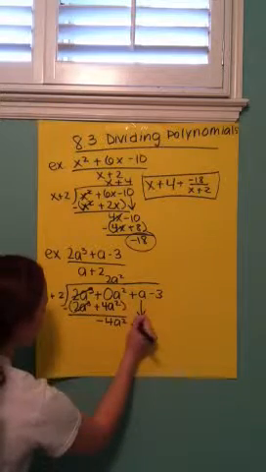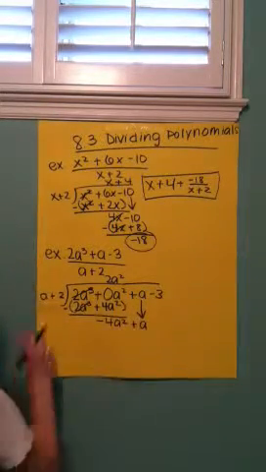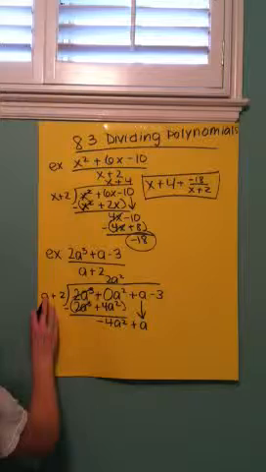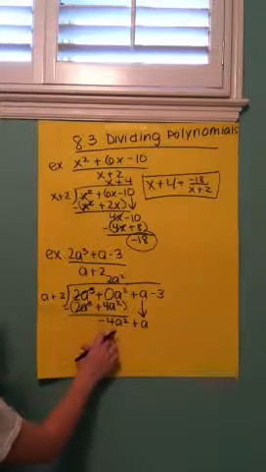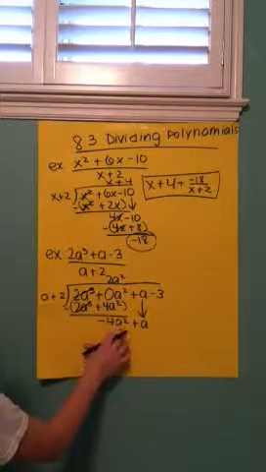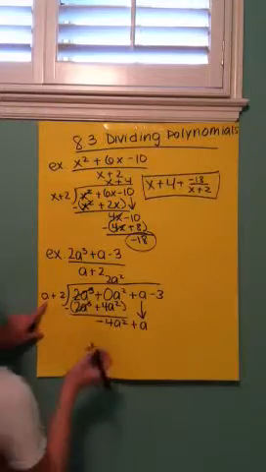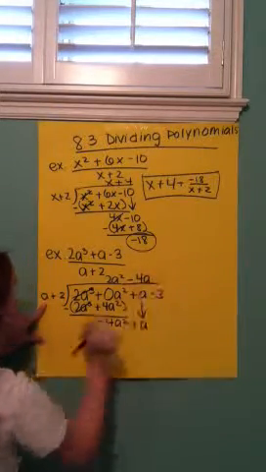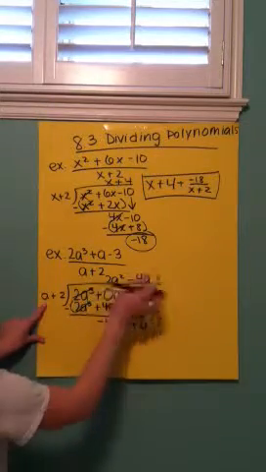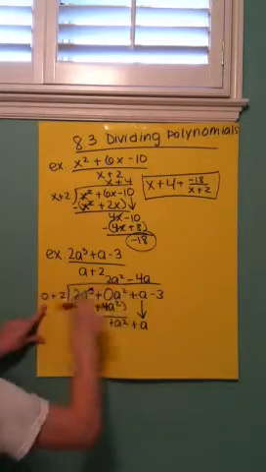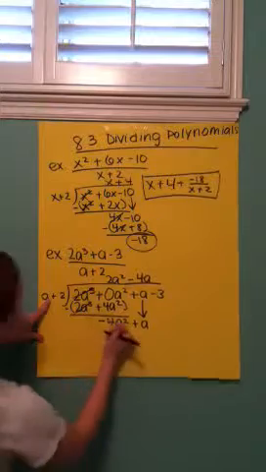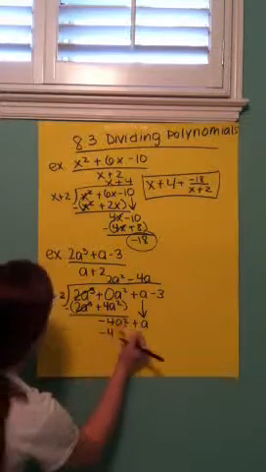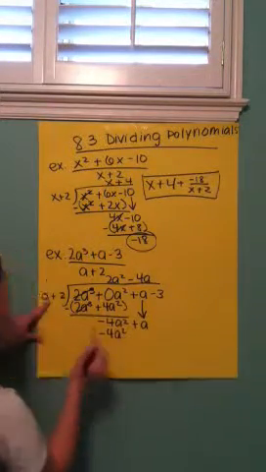Carry down the plus a. See what you have to multiply by a plus 2 to get negative 4a squared, and that would be negative 4a. So minus 4a. And then you subtract this. Multiply, excuse me. Negative 4a times a is negative 4a squared.